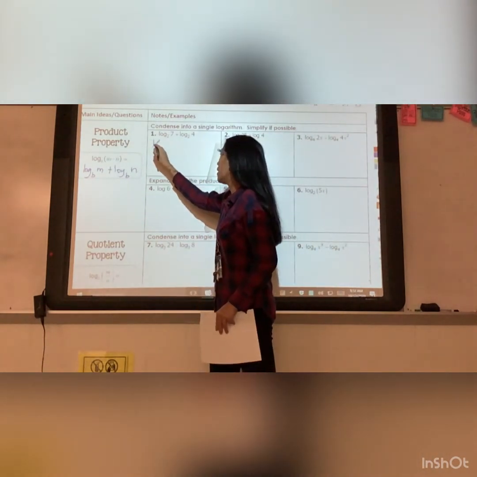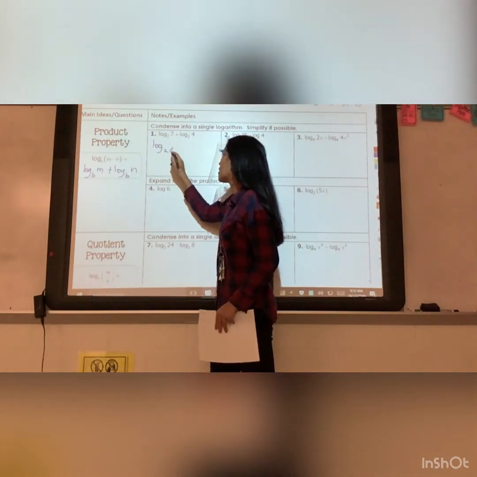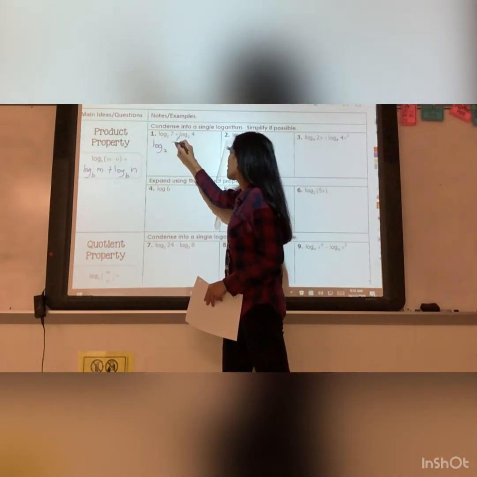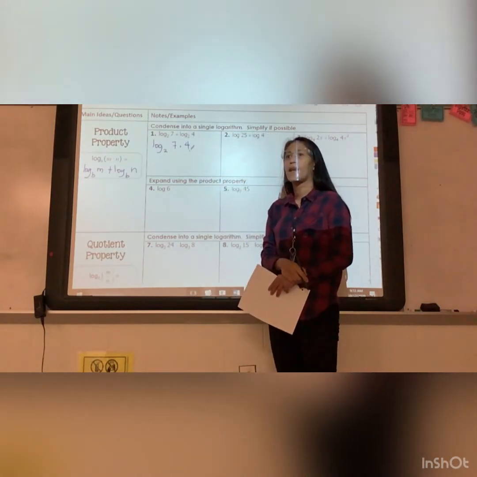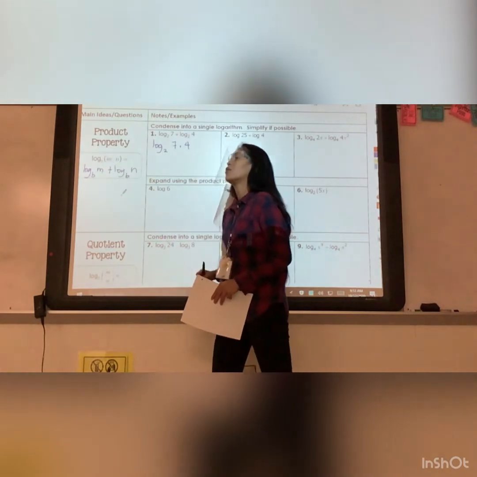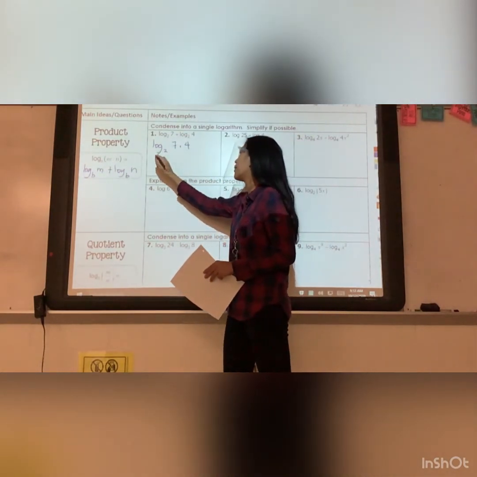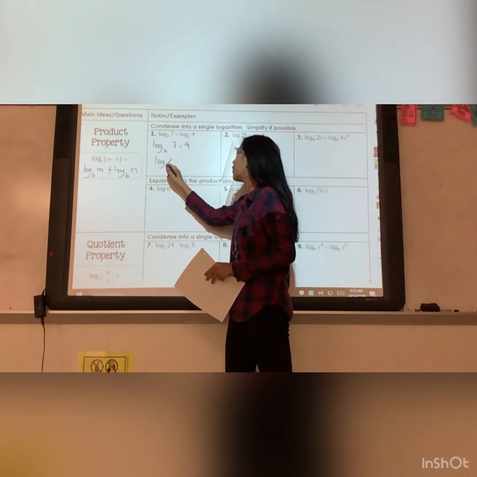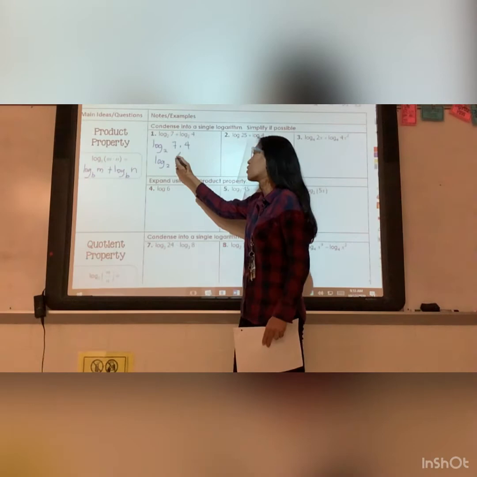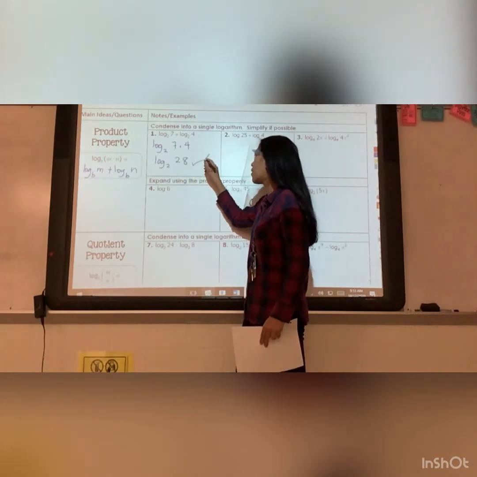It is going to be log of your base of 2, and then you just multiply 7 and 4. Again, addition, you multiply them. So what is the single form of this? 7 times 4 is 28. So this is now your single form.